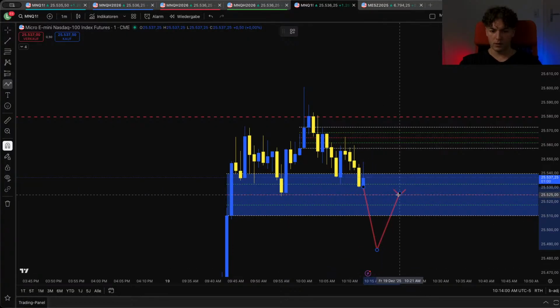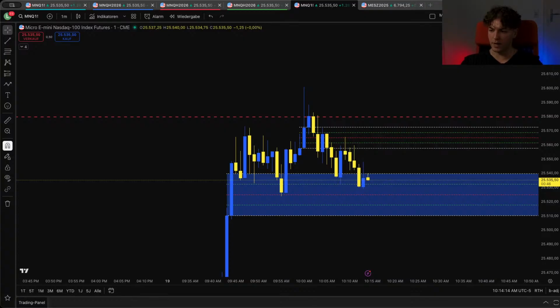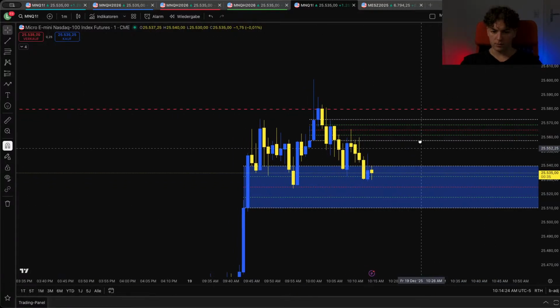Bam, fair value gap, midpoints, breaker, maybe we form a fair value gap in here in this price leg, then I would be looking for a short. That's kind of the game plan. But yeah, we'll see.